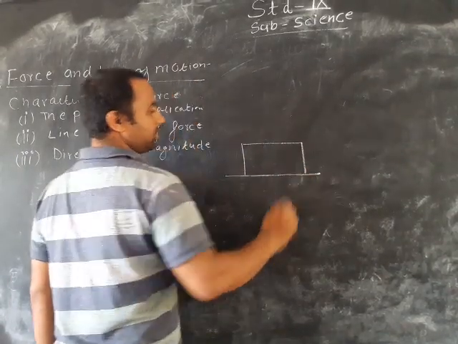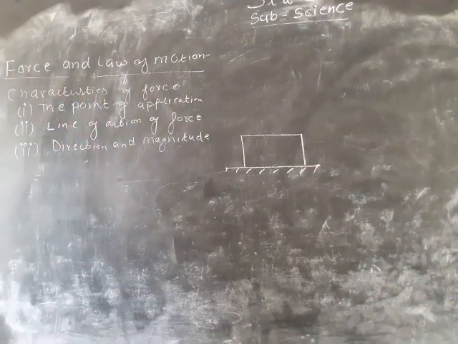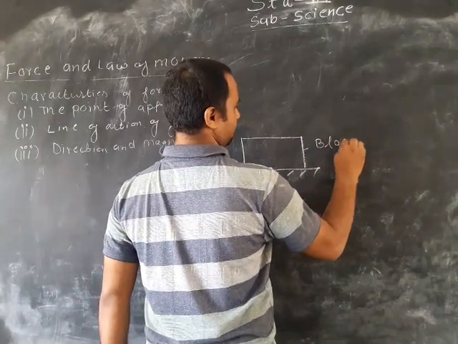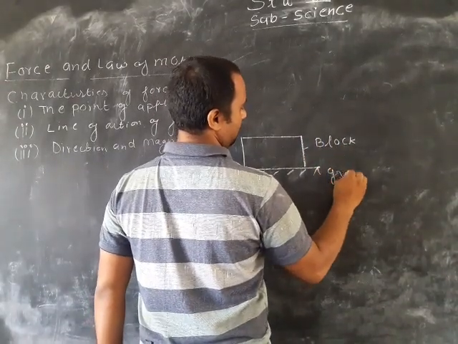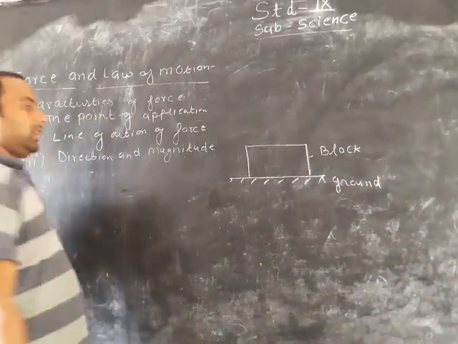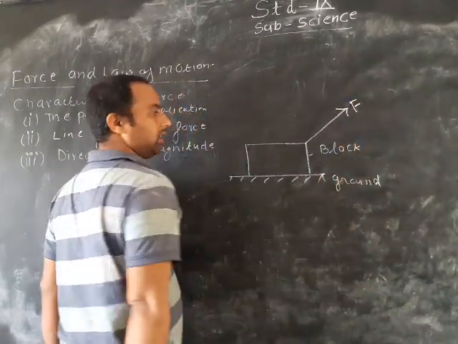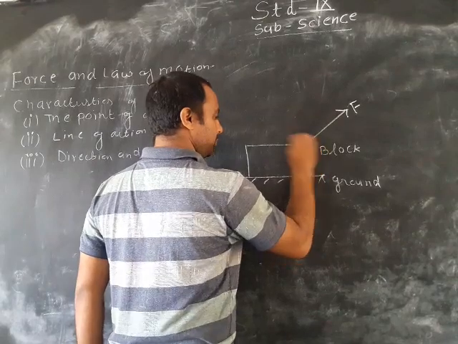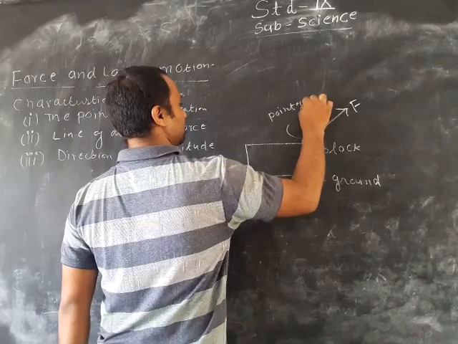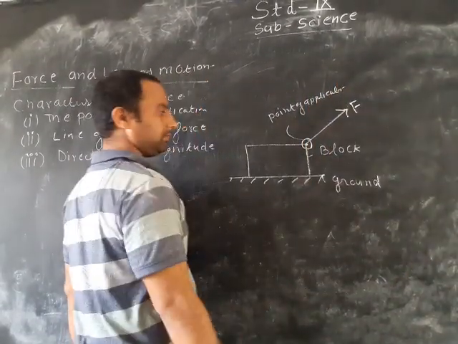Suppose we have a simple object here that is simply placed on the ground. That is the block. This is the ground. The force that is active in this direction, this point is called the point of application.